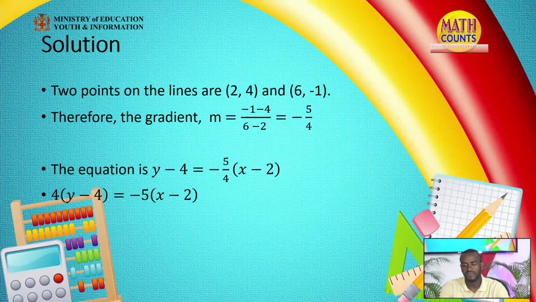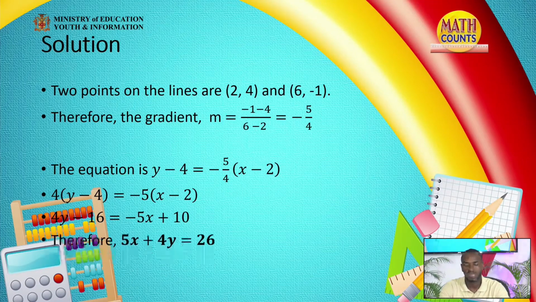And further simplifying gives us 4y minus 16 is equal to -5x plus 10. After simplifying that, you will get 5x plus 4y is equal to 26. And right here, you have your equation. And as you can see, this equation was written in the general form.